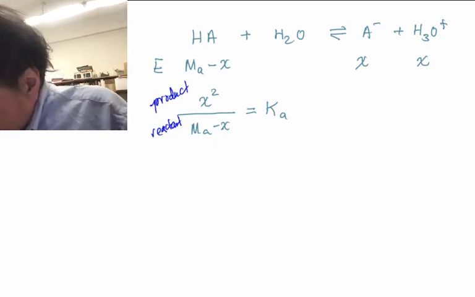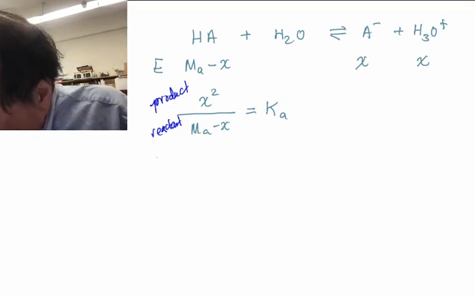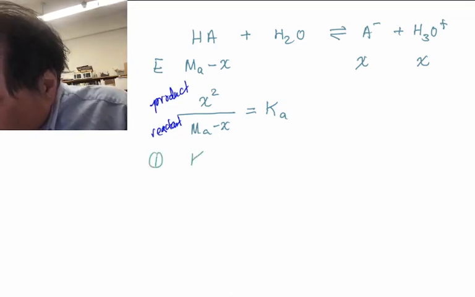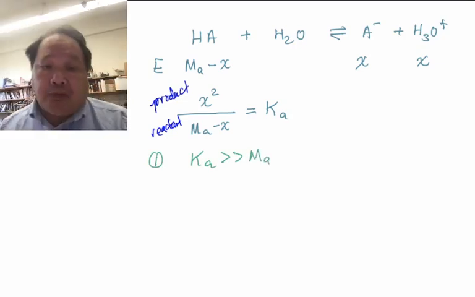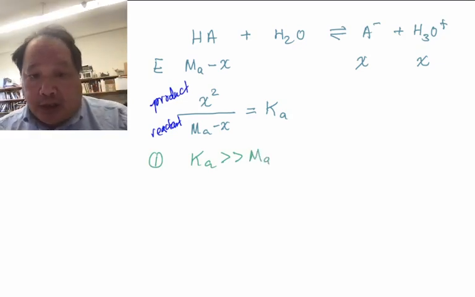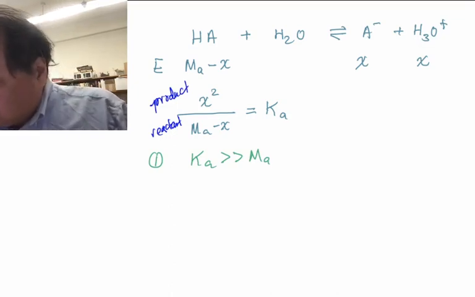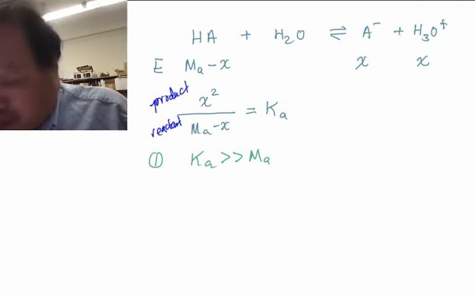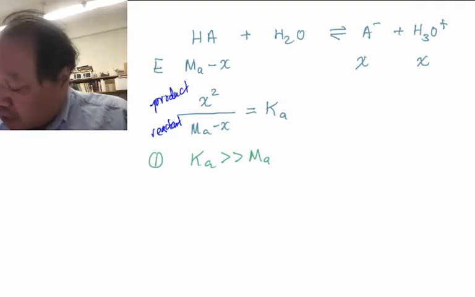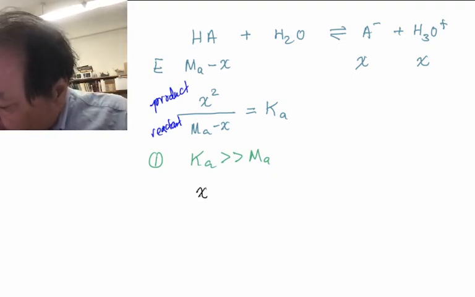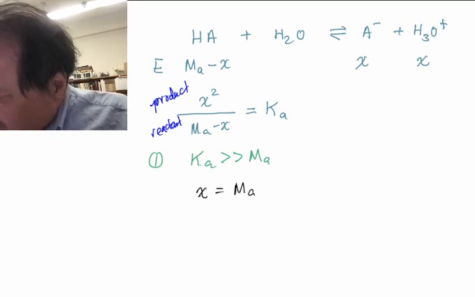And in the last video, we considered the case of Ka much larger than Ma, and we found out that in this case, the expression simplifies a great deal. If Ka is much larger than Ma, it turns out that to the sig figs that we know the actual values, the value of X is equal to Ma itself.